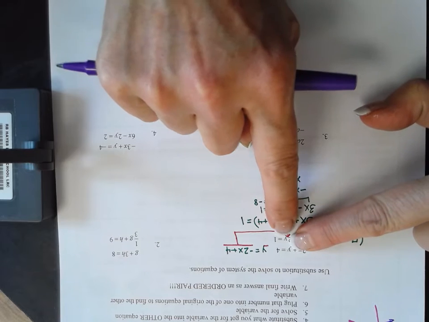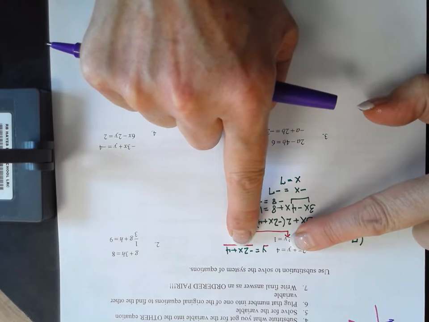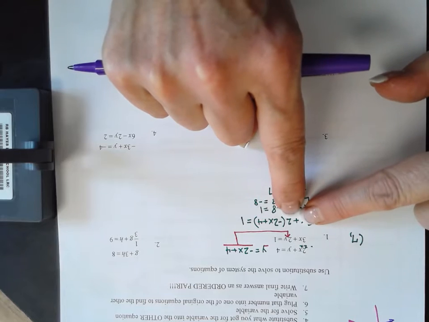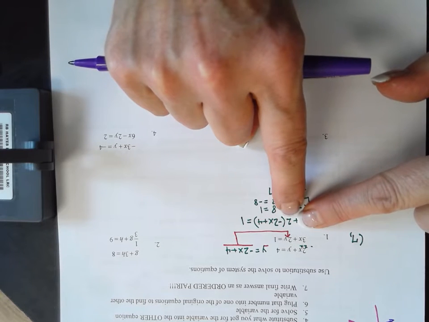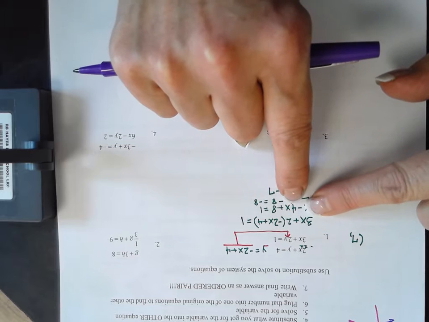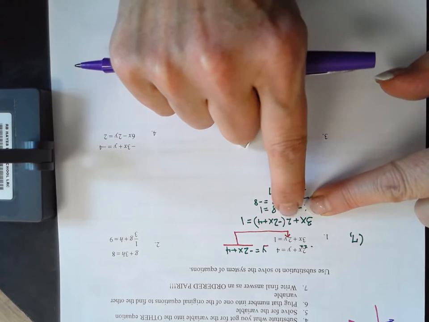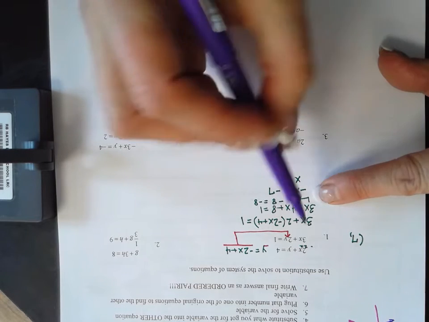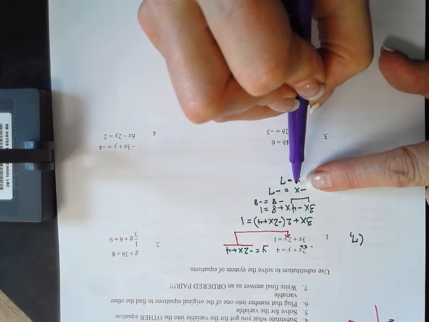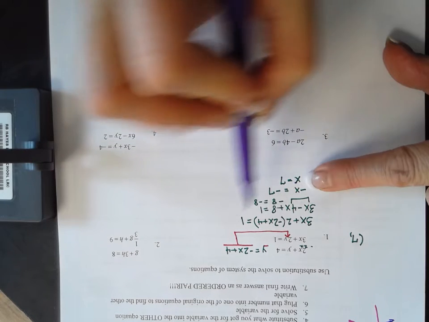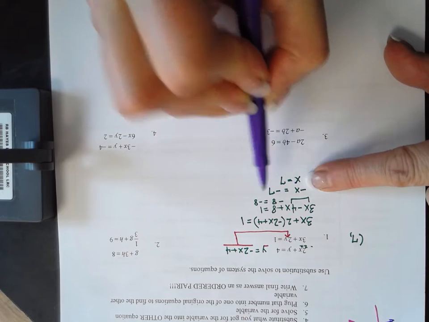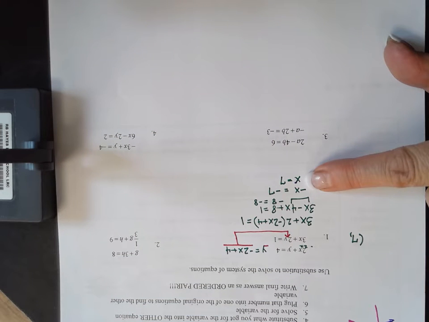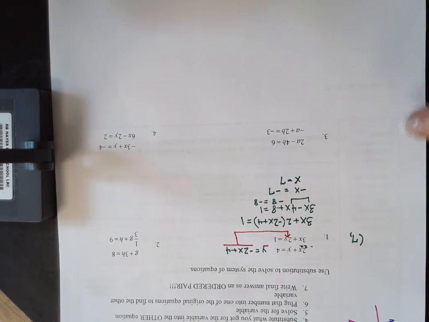Okay, since y was equal to this amount, I distribute that 2. So 2 times negative 2x gives me negative 4x, and then 2 times 4 gives me the 8. Then 3x minus 4x gives me negative x, and then I subtracted 8 to give me the negative 7. Good now? Okay.